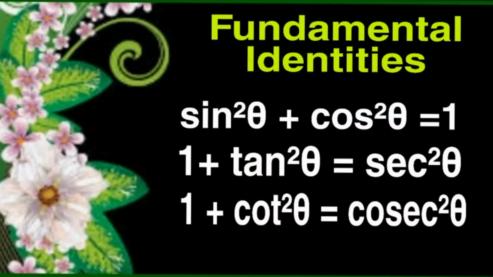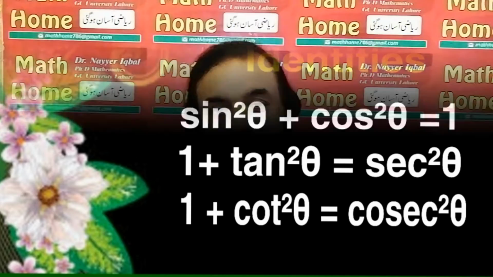Number 1, sine square theta plus cosine square theta is always equal to 1. Second, 1 plus tangent square theta is equal to secant square theta. And number 3, 1 plus cotangent square theta is equal to cosecant square theta. Students, these three fundamental identities are very important and frequently used in the questions.